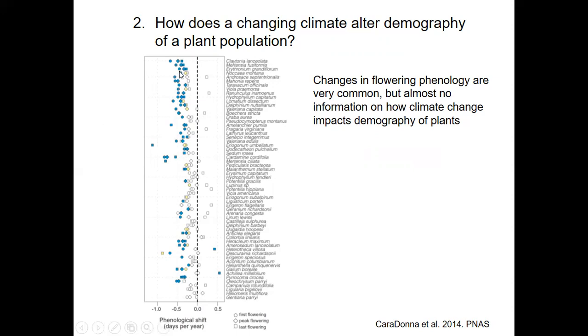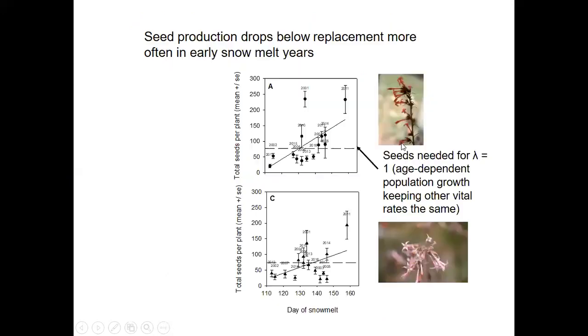And you can see that for most of the species, they're on the left-hand side, they're flowering earlier than they used to. So those sorts of data are very common, but we have almost no information on whether or how climate change impacts the demography and population growth or decline of particular species.